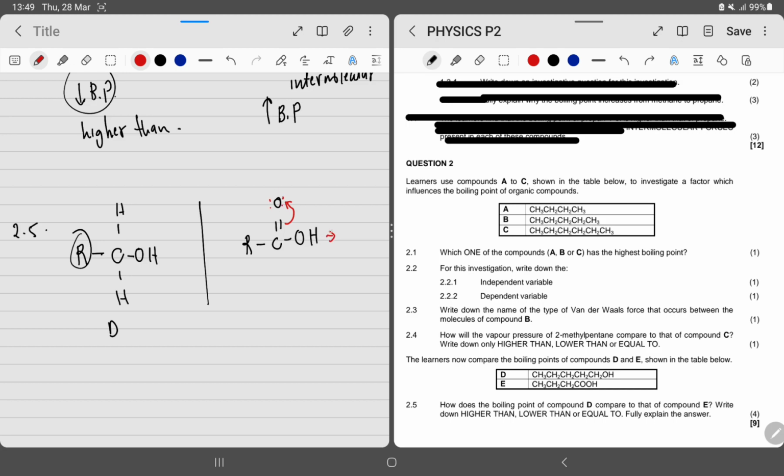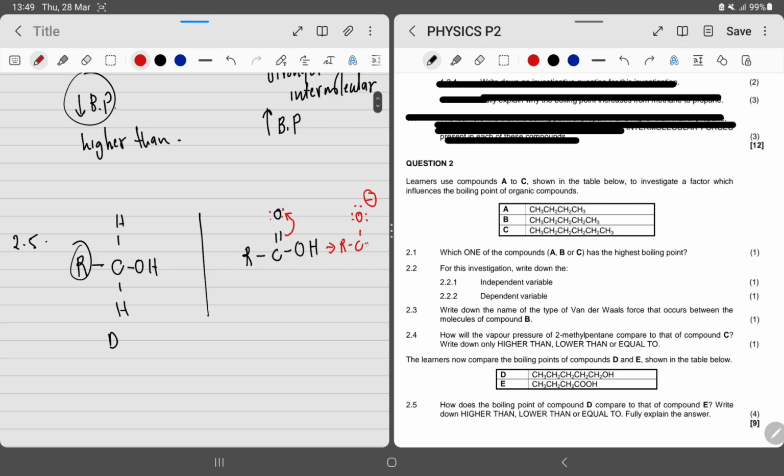So this is going to look something like this. This oxygen is negatively charged, so it has the ability of attracting hydrogens. So it means that for the carboxylic acid, I have two sites for hydrogen bonding, whereas for the alcohol, I only have one.